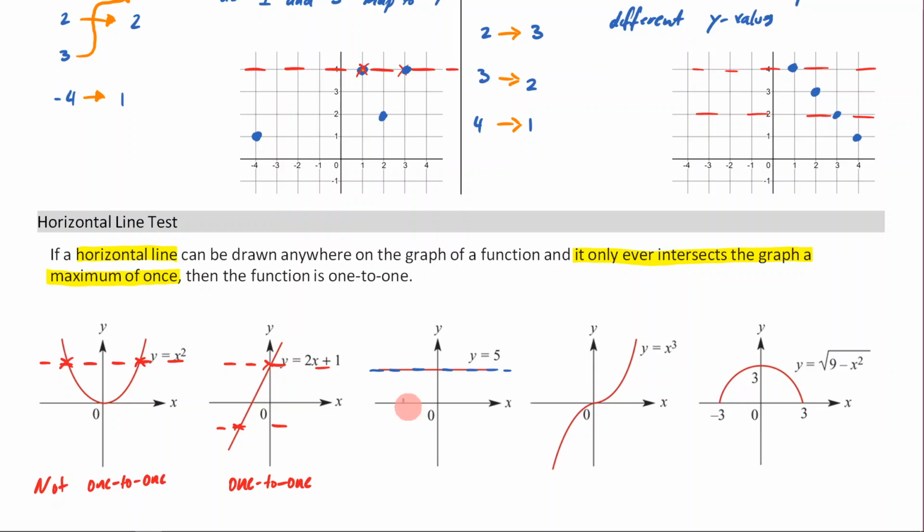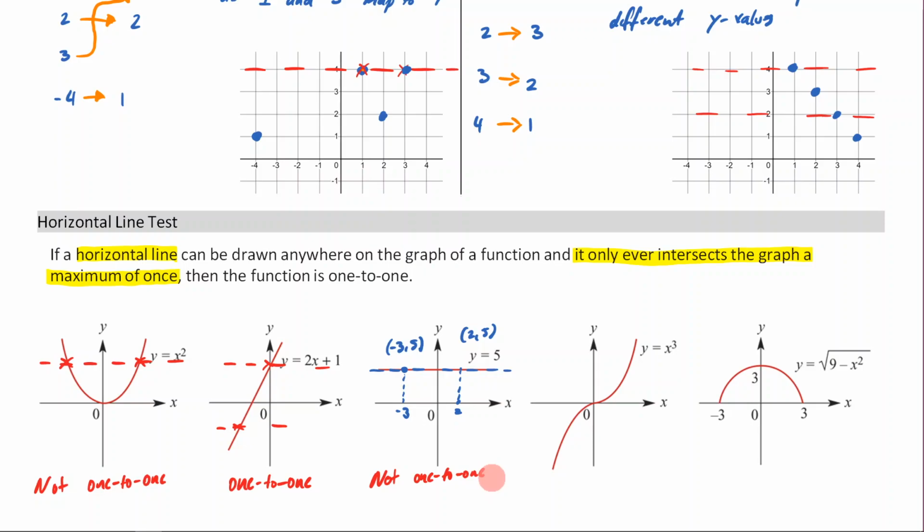So if I was, for instance, to put in -3, I'm going to get -3, 5. Or if I was to put in 2, I'm going to get 2, 5. So different x values are giving me the same y value. So this is not one-to-one.